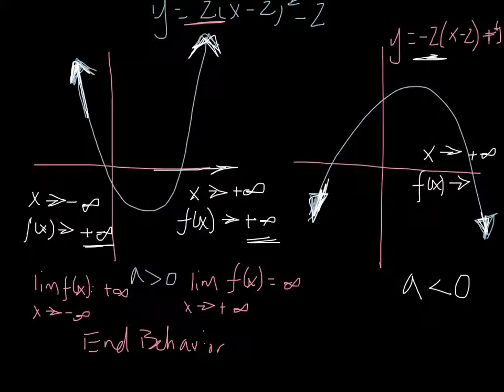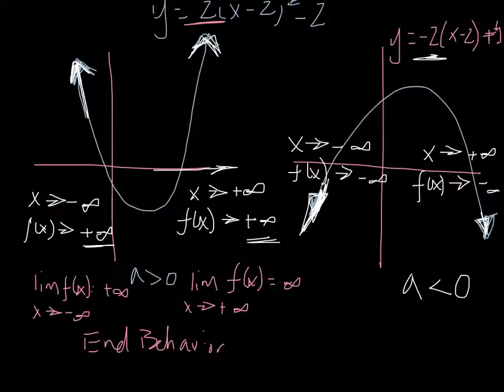How you denote down is negative infinity. On the left side, as my x is going more and more left, my y values are going down, which we denote as negative infinity.